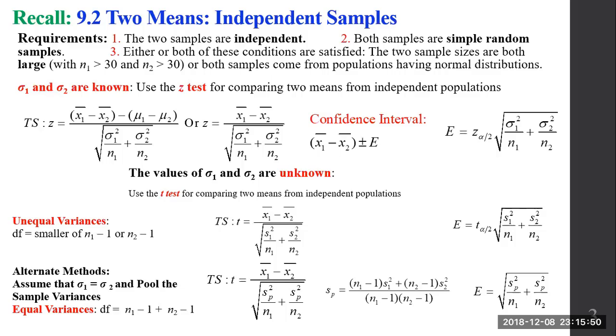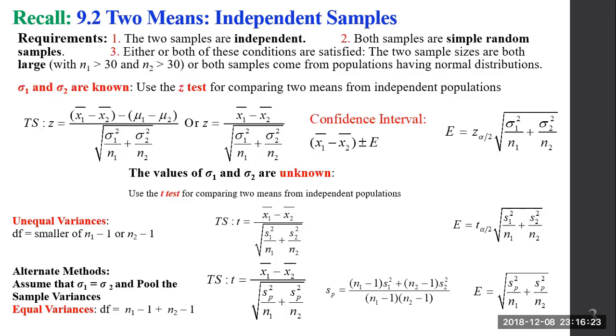So, with unequal variances, the degrees of freedom has a complicated formula, and it's posted on PowerPoint. However, the way we do it, we choose the smaller of the two degrees of freedom. That means n1 minus 1 and n2 minus 1. Then it gives us the test statistic equals x1 bar minus x2 bar over the square root of s1 squared over n1 plus s2 squared over n sub 2.